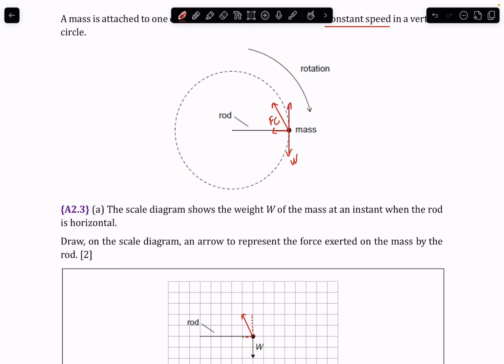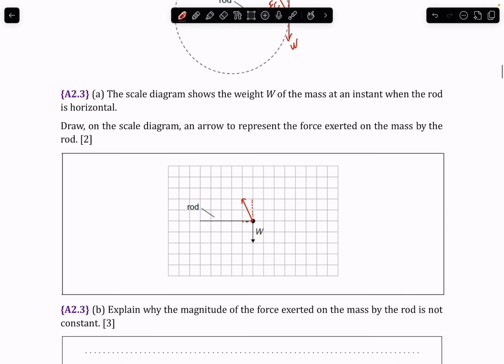And then all of these forces combined should always equal the net force, that is the centripetal force, so that the mass is staying in the circle, because we always have to have the centripetal force.